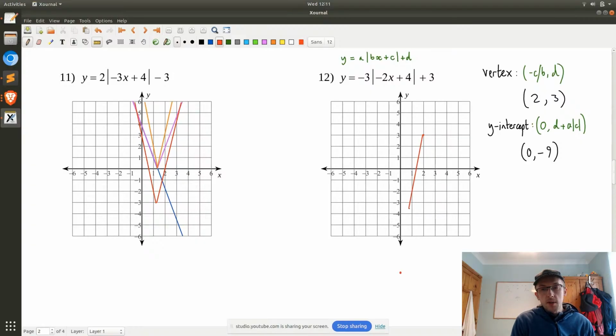So the change in y values is 12, but the change in x values is 2, and so it has a slope of 6, and so it's going to be passing through there, like that. And then this one will be much the same, like that. Okay.